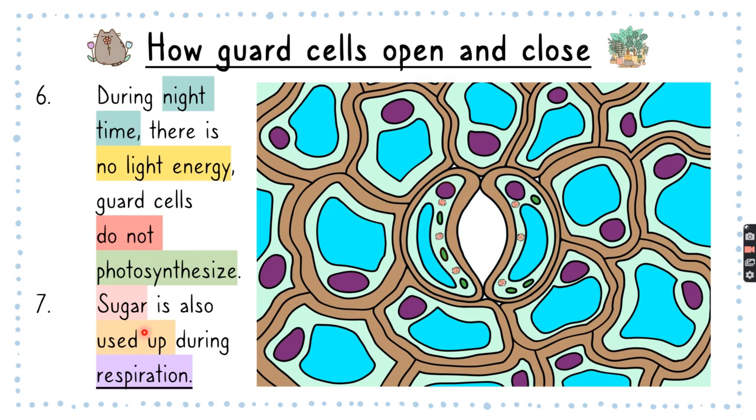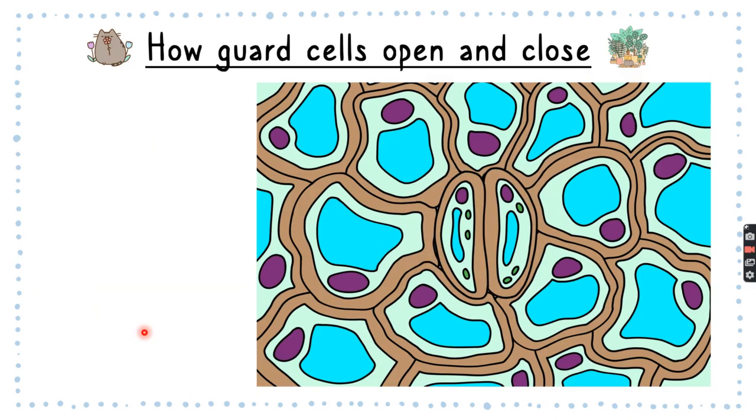If you keep the plant in the dark for 48 hours, all of the starch will become converted into sugars and so on. This also changes the water potential of the guard cells. At night, the water potential changes because there's not much sugar being made. Actually, none at all is being made because there's no sun.